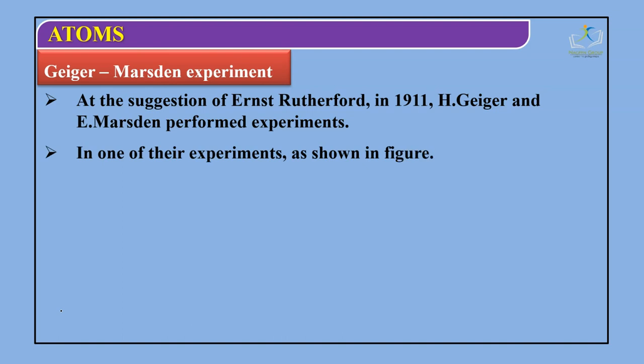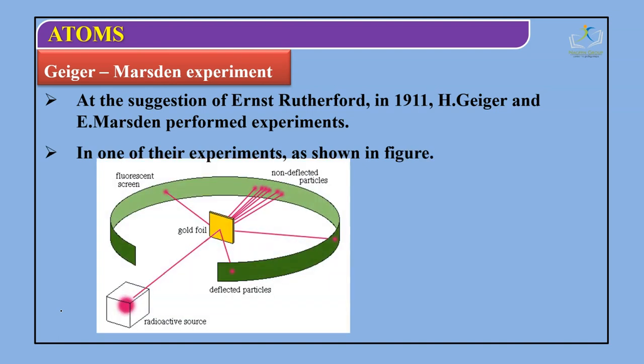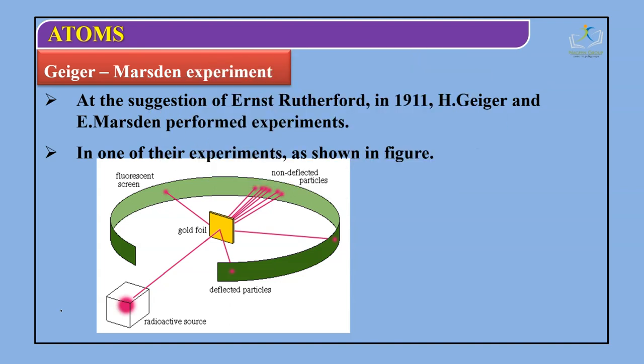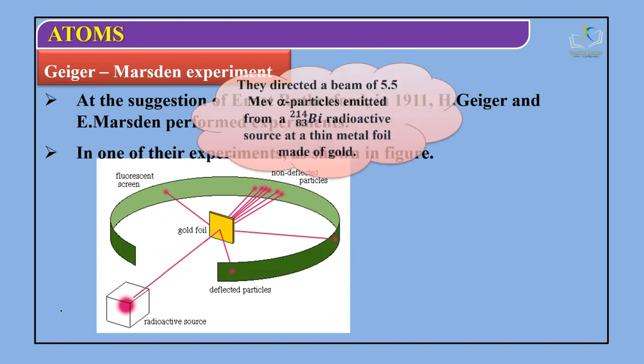In one of their experiments, they show one figure: a radioactive source from which alpha particles are decaying. As you can see, there is a fluorescent screen, and non-deflected particles. Most of the particles are undeflected because of the vacant places.